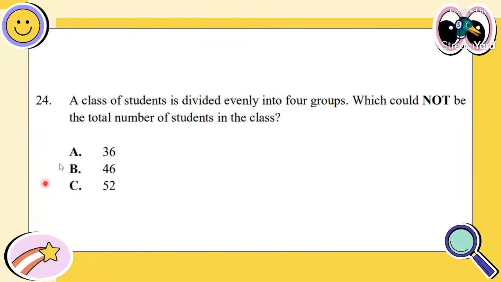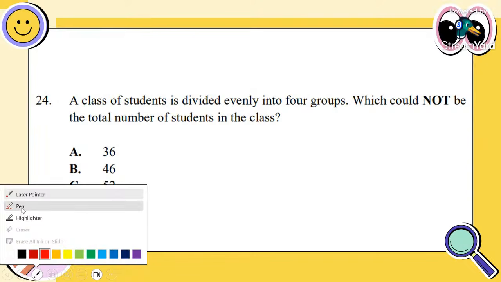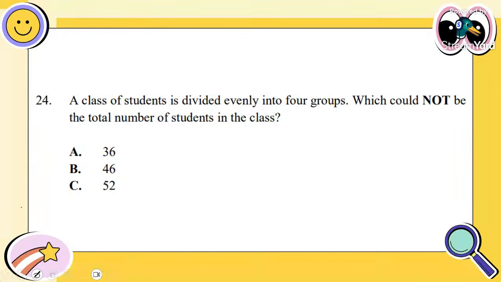A class of students is divided evenly into 4 groups. Which could not be the total number of students in the class? When I see not in a question, I like to highlight it.